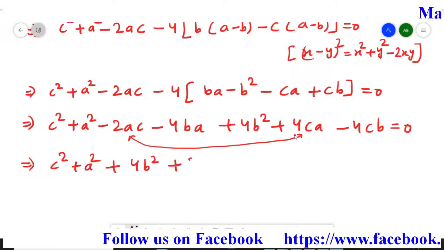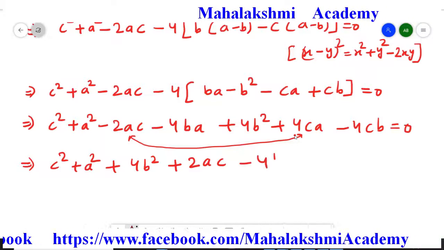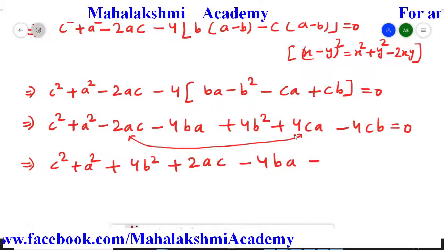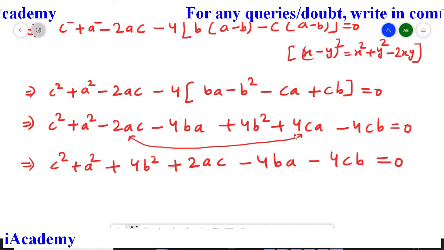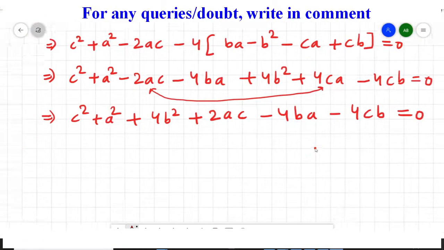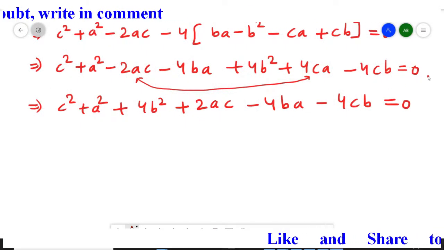So it's going to be plus 2ac and then minus 4ba, then minus 4cb equal to 0.